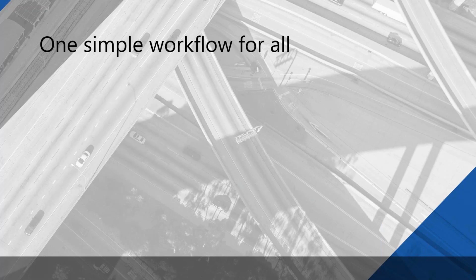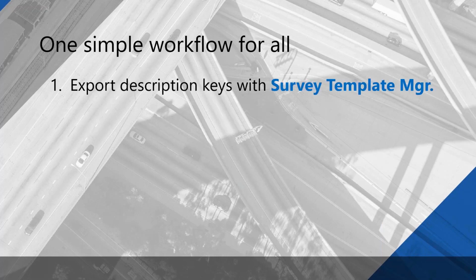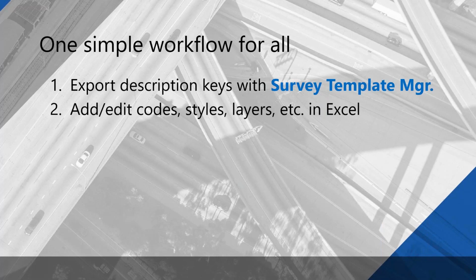Either way, the workflow is fairly simple, and it's the same for whatever you might be doing, creating new or making changes to an existing survey template standard. It starts with simply exporting description keys. Using the Survey Template Manager, we export them to Excel. If you don't have anything created, you would just be exporting an empty Excel template, and I'll show you how to do that in a bit.